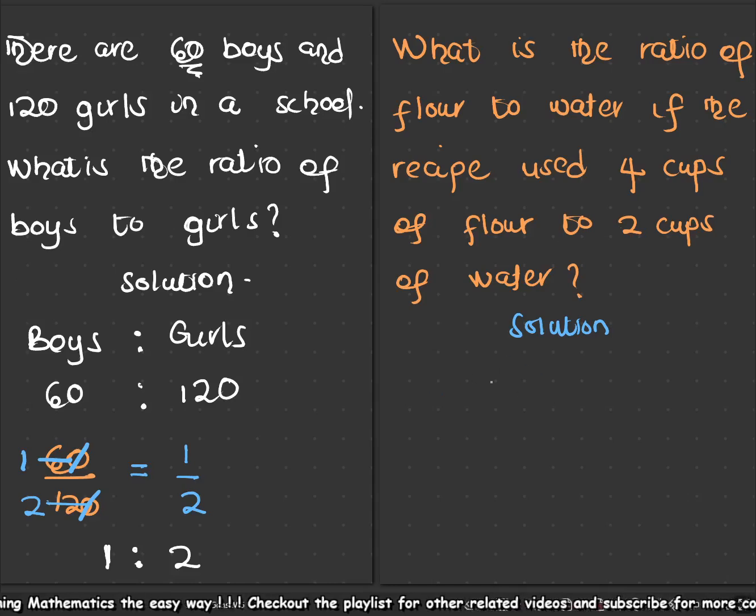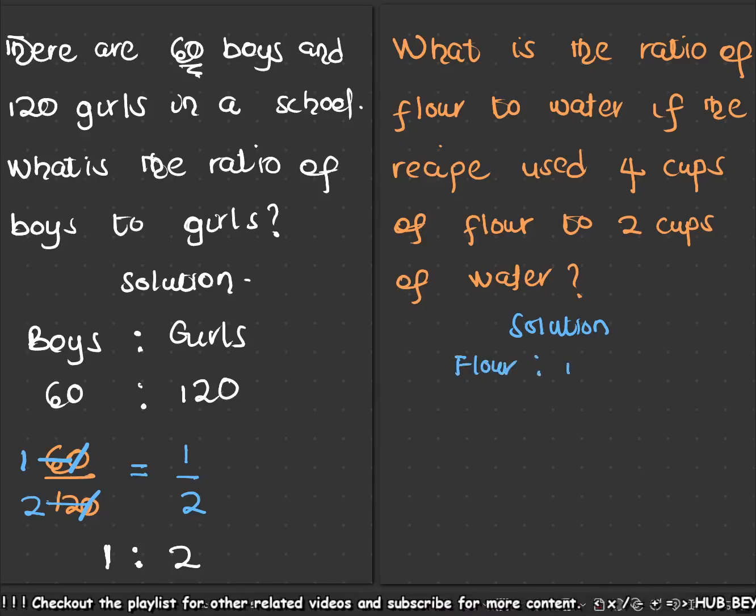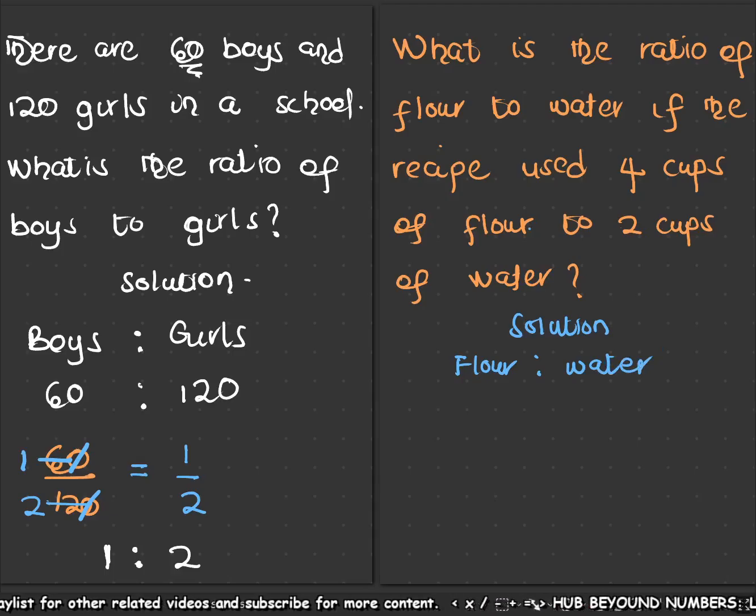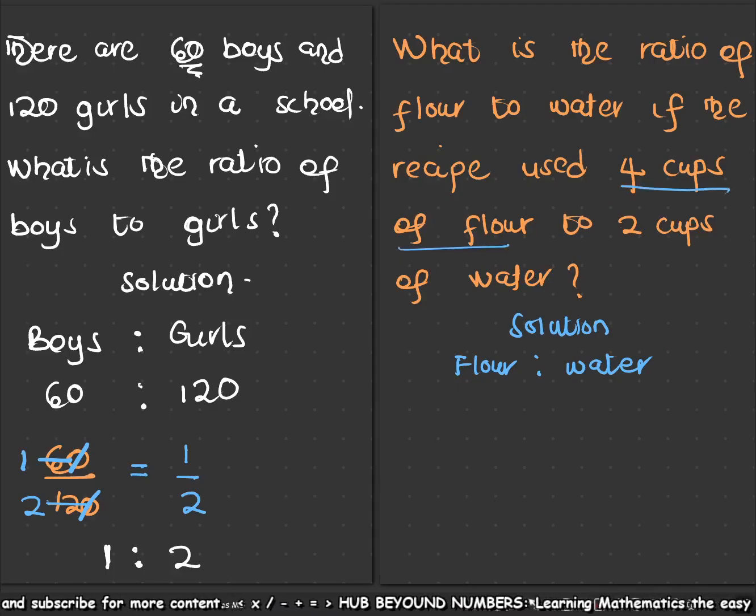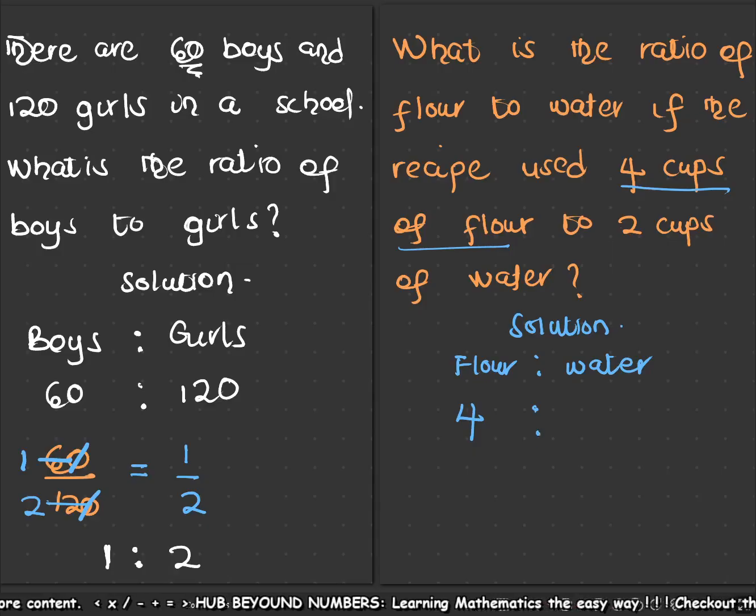So we need the ratio of flour to water. Then we look at the quantity of flour used per the recipe. It says 4 cups of flour, so that is 4 is to, then how many cups of water? 2 cups of water.